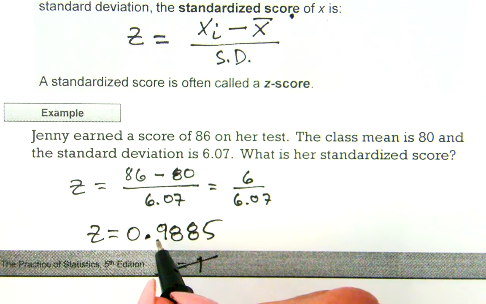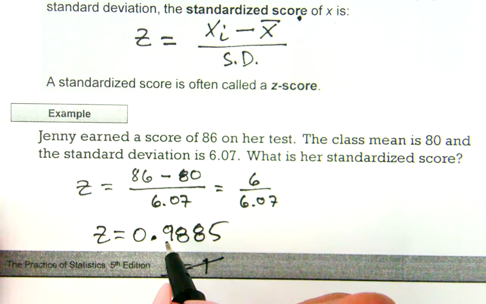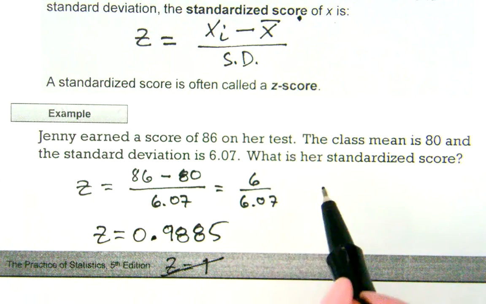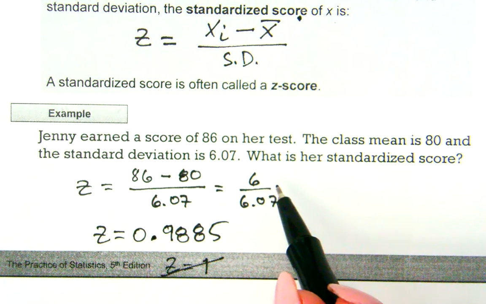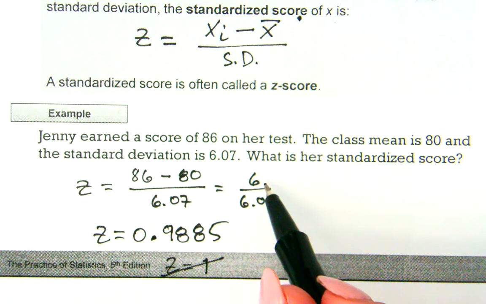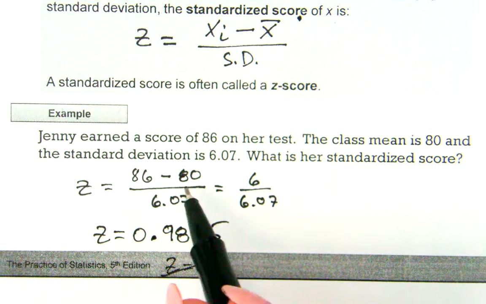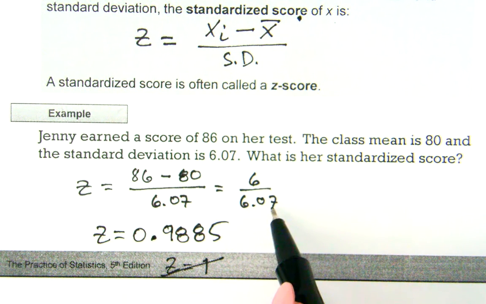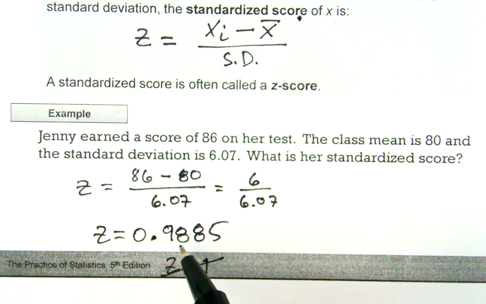If you do 1 subtracted by 0.9985, you're at 0.02, whatever it is. And that should make sense, since she scored 86 minus 80, which is 6, not 6.07. So this is her z-score. This is where she is relative to the standard deviation.